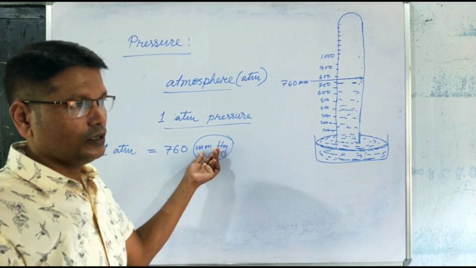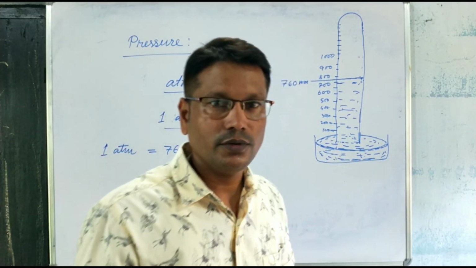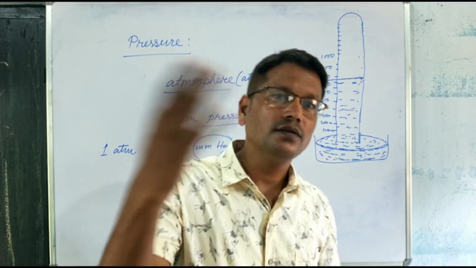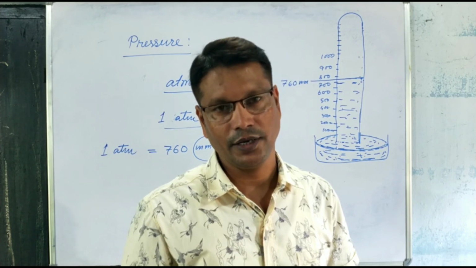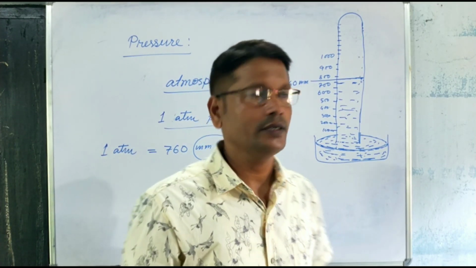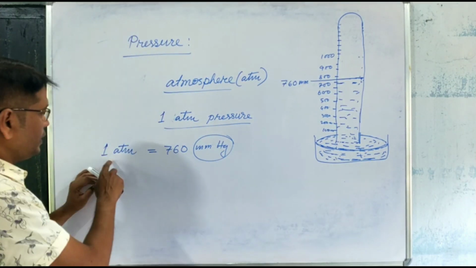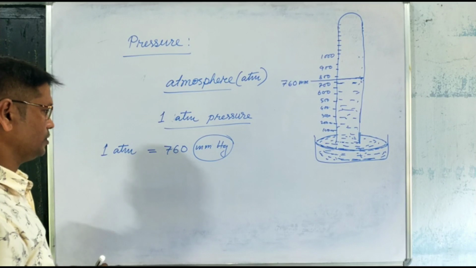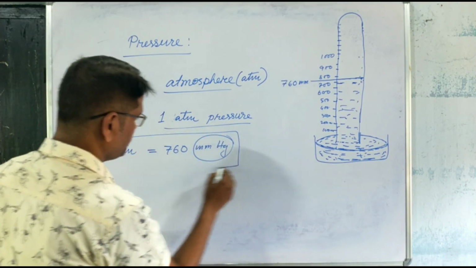So it gives the height of the mercury column. Okay. So with the help of a barometer, when the pressure is measured, it is measured in millimeter of mercury. That is another unit of pressure. So 1 atm is equal to 760 millimeter of mercury. So you need to keep in mind that.